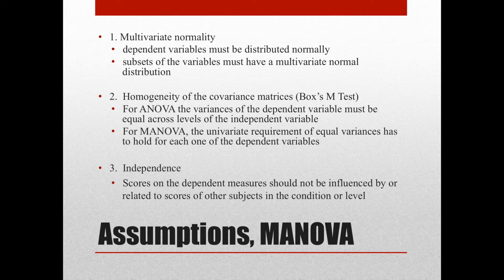Assumptions in MANOVA. First of all, we have multivariate normality. So the dependent variables must be distributed normally, and the subsets of the variables must have multivariate normal distribution. So let's just say, for instance, we have three measures: inference, probability, and descriptive statistics.